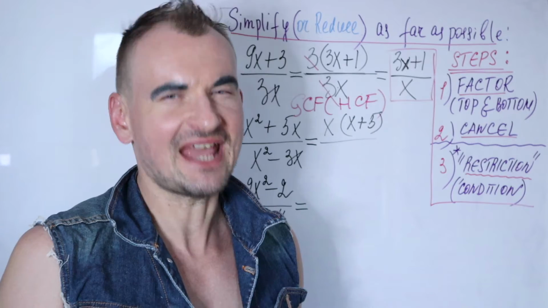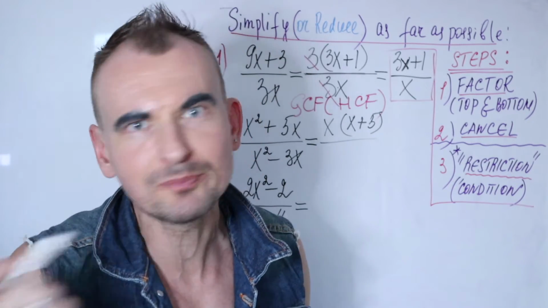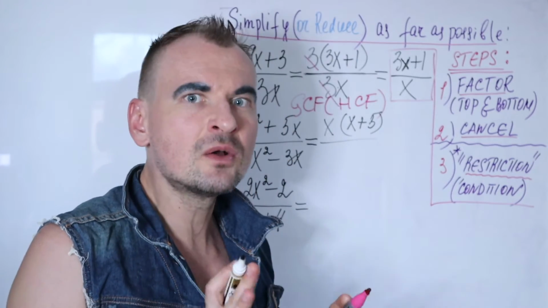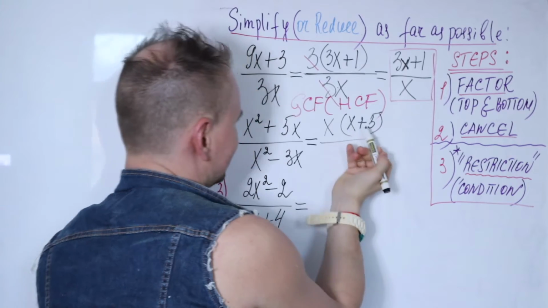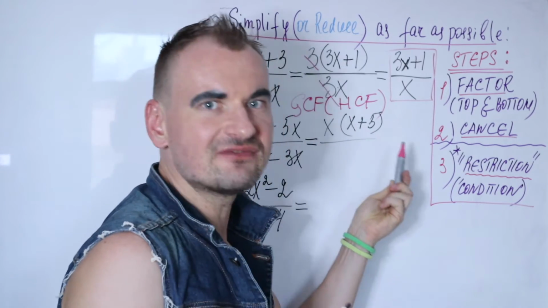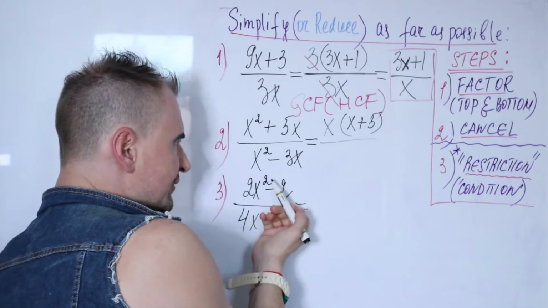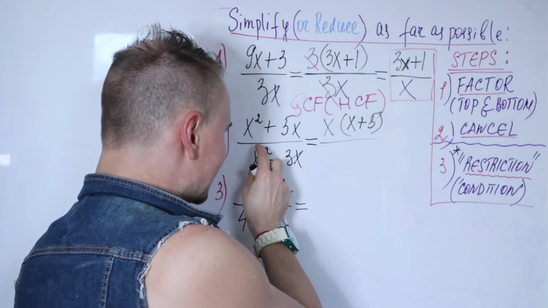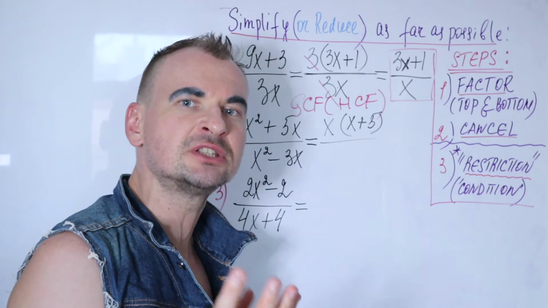Again, mentally, make it a habit, like a morning routine when you brush your teeth or take a shower. That's a very good policy. Check: x times x gives me back x squared. x times 5 gives me 5x. Done. Now, moving to the bottom. Very similar. You have x squared and negative 3x. x pops out at you.